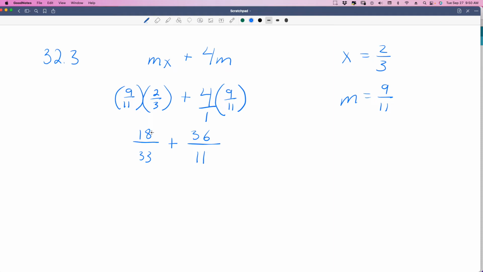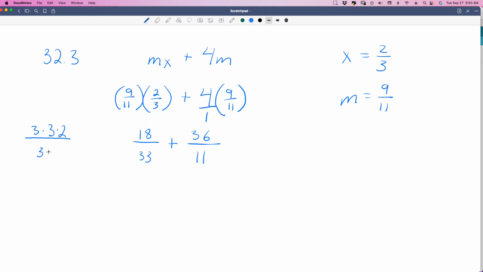So I'm going to divide this, and the way I'm going to divide this, I'm just going to come over here to the side, and I'm going to write out the factors of 18. And the factors of 18 are 3 times 6, okay? And 6 is 3 times 2. So those are my prime factorization of 18. And for 33, it's just this up here.